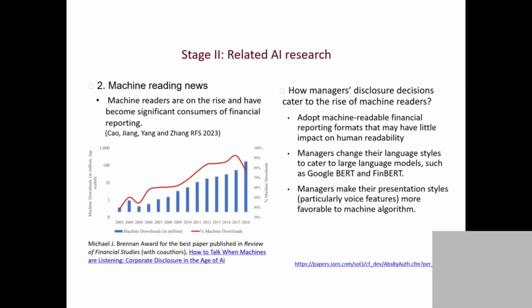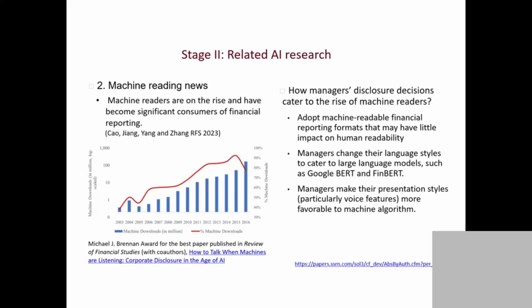You can see that 20 years ago, when managers disclosed the 10K, the information was consumed by humans, not machines. But 20 years later, when managers disclose the 10K, the information is actually consumed by machines, not humans.